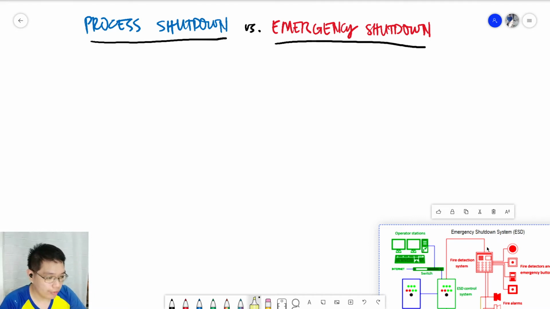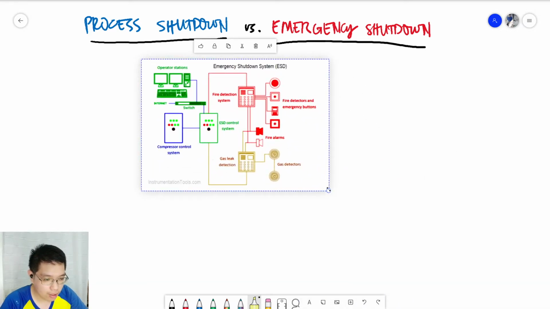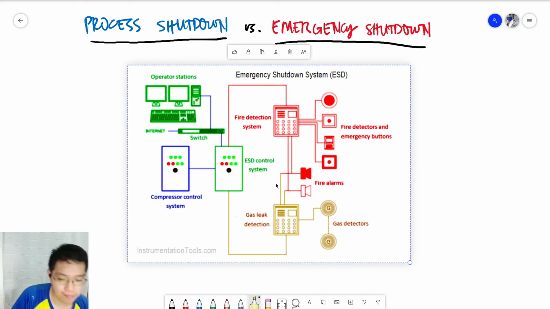Before we proceed to that, I'll show an example of a diagram for an emergency shutdown system. As you can see, an emergency shutdown system has lots of detectors and sensors in order to identify if something wrong is happening within the system.